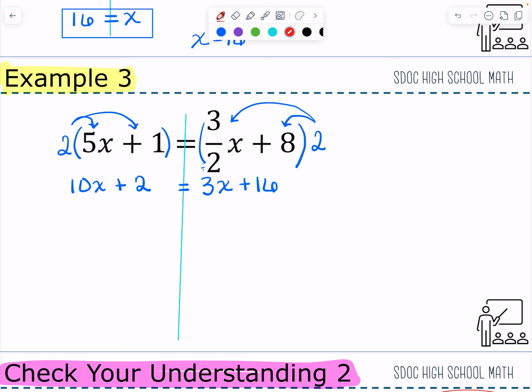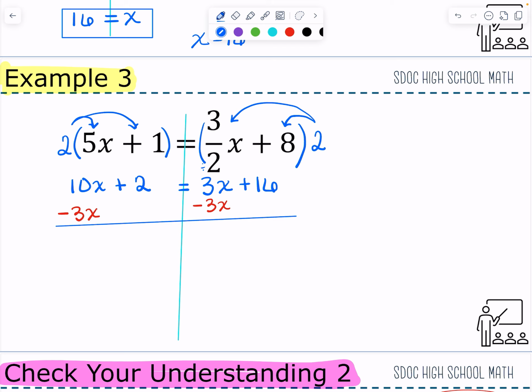So I want to get rid of this positive 3x. So the inverse operation would be negative 3x. Now, I cannot subtract 3x from 2 because 2 doesn't have an x. However, I can subtract 3x from 10x because that one also has an x. Right? So like terms have to stay together.